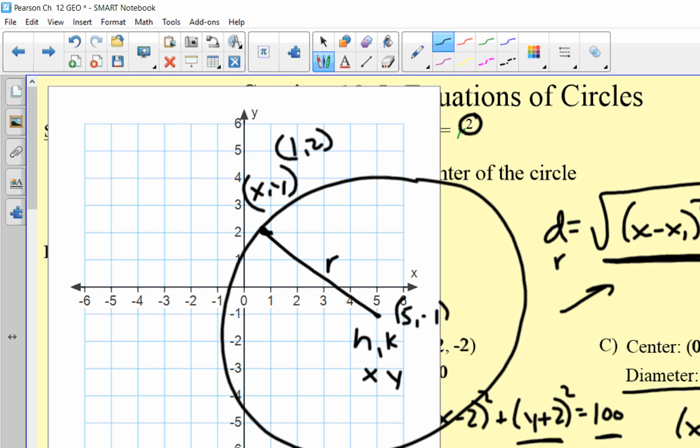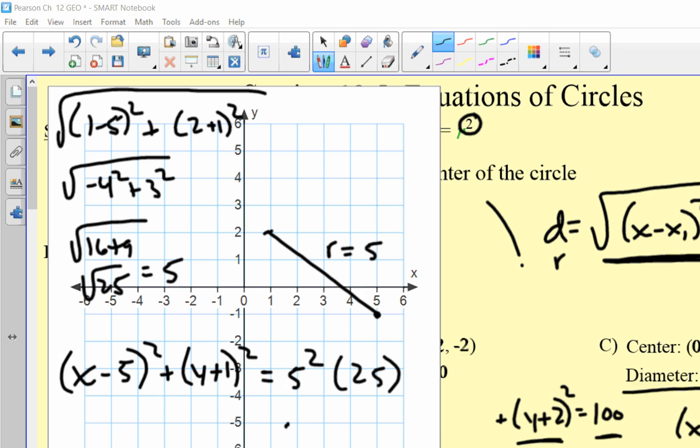So I'm going to let you guys do a little bit of math here, and I'm going to clean up my board a little bit. So why don't you hit pause, and 1, find the radius, and then they want me to write the equation using the radius you found, and I'm going to use this H, K that I have to write the equation of the circle. Okay. So let me clean this up a little bit, and then we'll come back here.